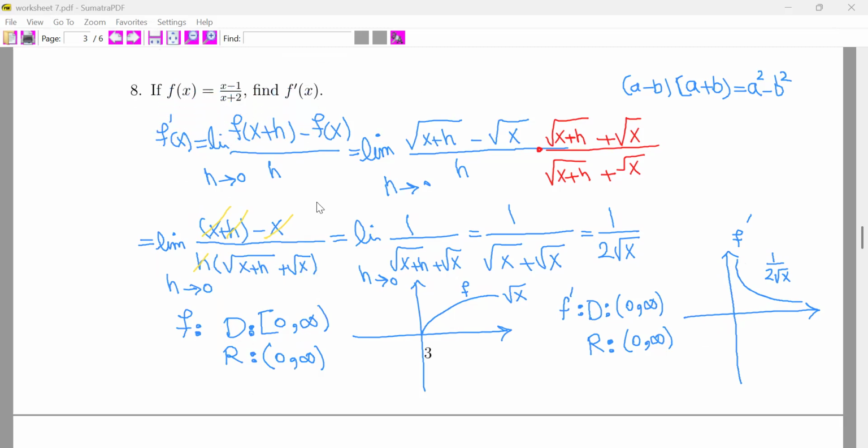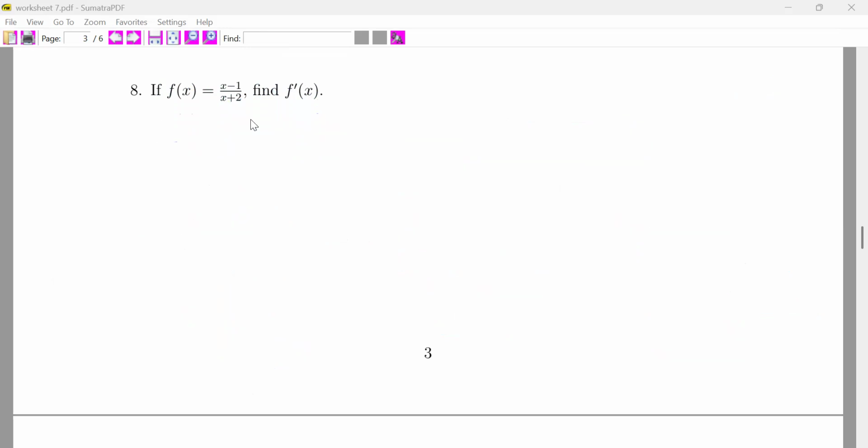Next question is about finding the derivative of this quotient here. Again, we would follow the formula of the definition, which says f of x plus h minus f of x all over h when h is approaching 0.